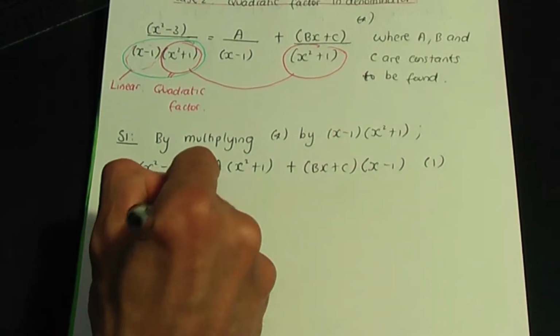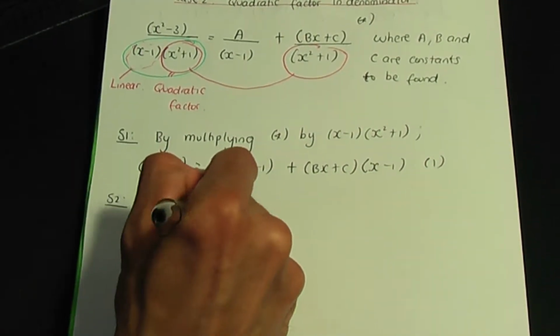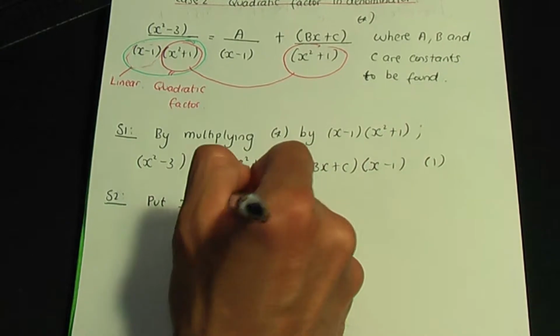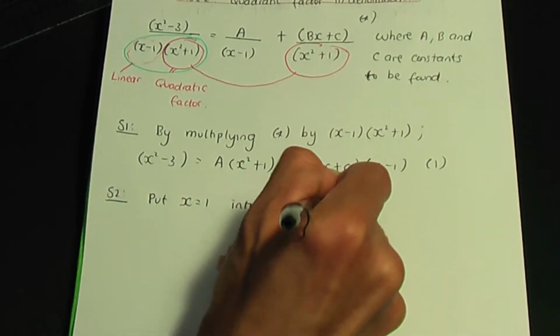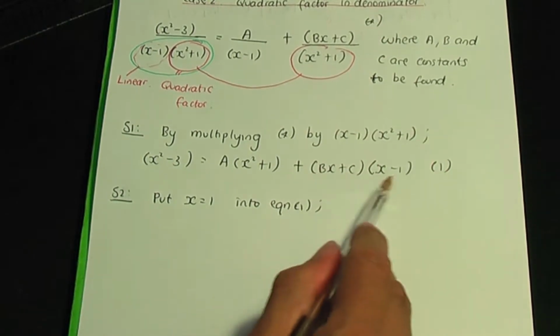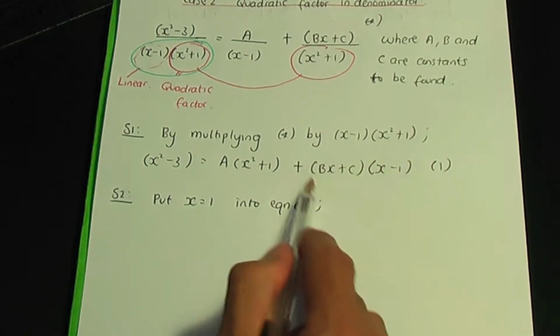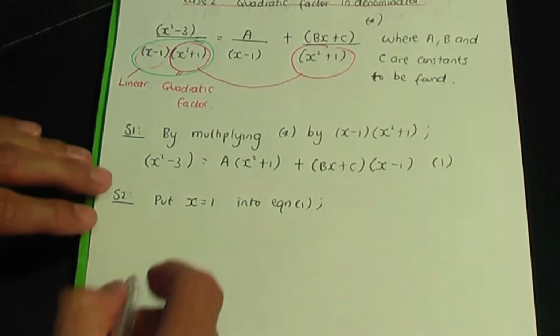So if I put x equals 1 into equation number 1, I can eliminate b and c, so this entire term, to work out a.